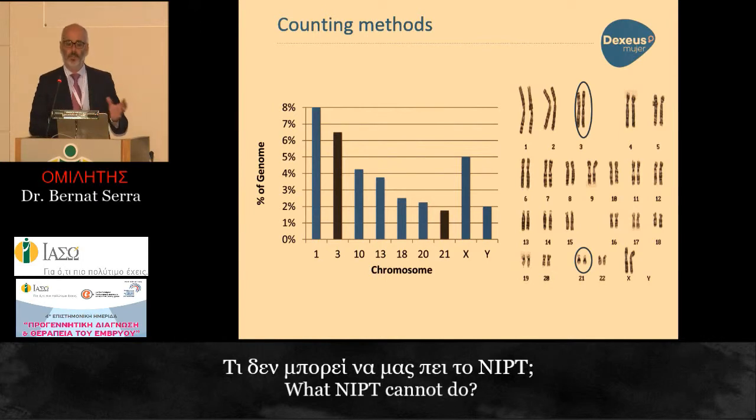And how do these methods work? Counting methods are based on the fact that we already know from the Genome Project how many genes come from each chromosome, and therefore we can compare the amount coming from a given chromosome of interest, for example chromosome 21 or 13 or 18 or X or Y, to a chromosome which we know will always be euploid in the fetus, for example chromosome 3. All pregnancies that arrive at 9 or 10 weeks of gestation always have a diploid content of chromosome 3.